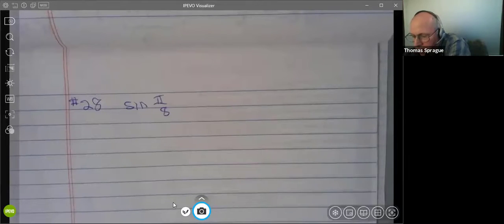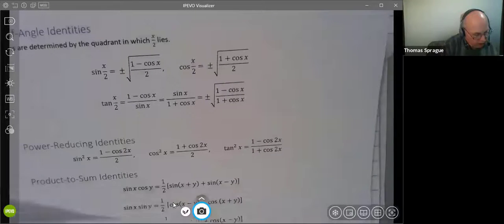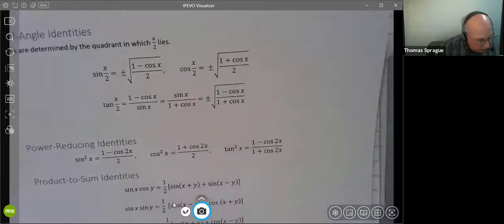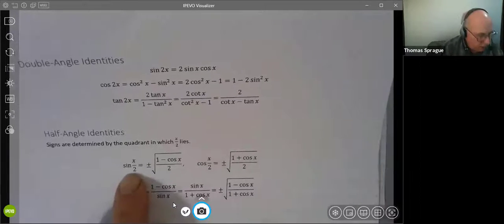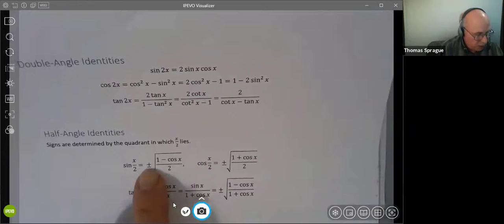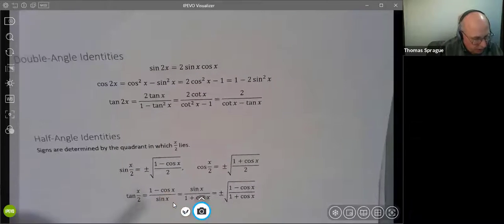And let's see. We have a list of identities. So we could look up our formula. Yeah, here we go. Sine of x over 2, or you could say theta over 2, is plus or minus the square root of 1 minus cosine x over 2.